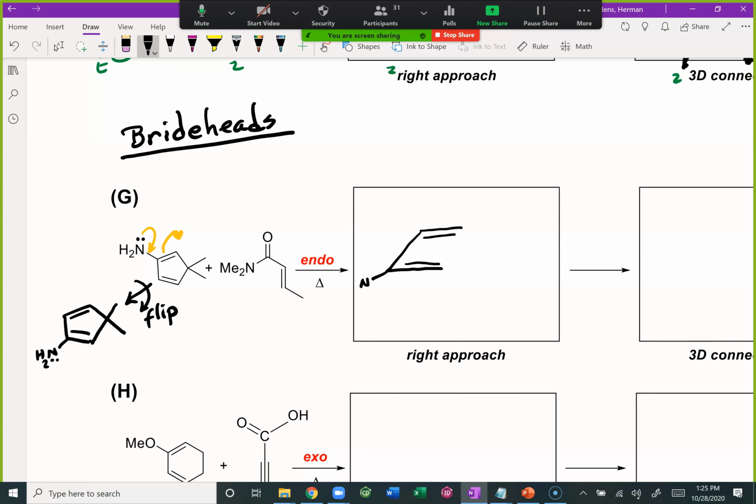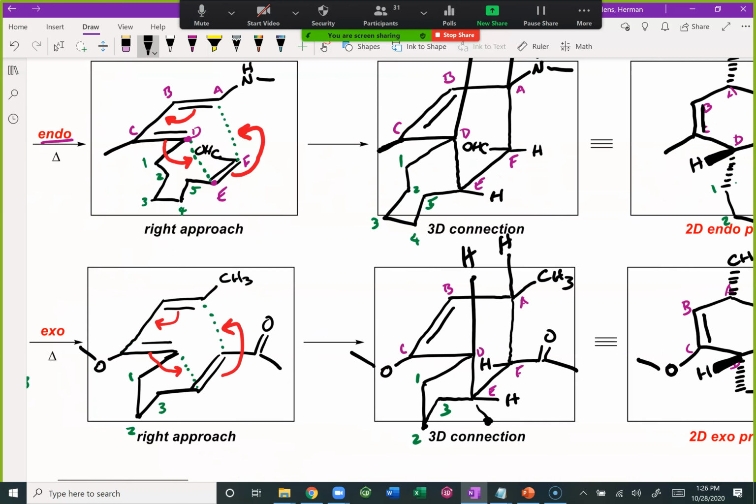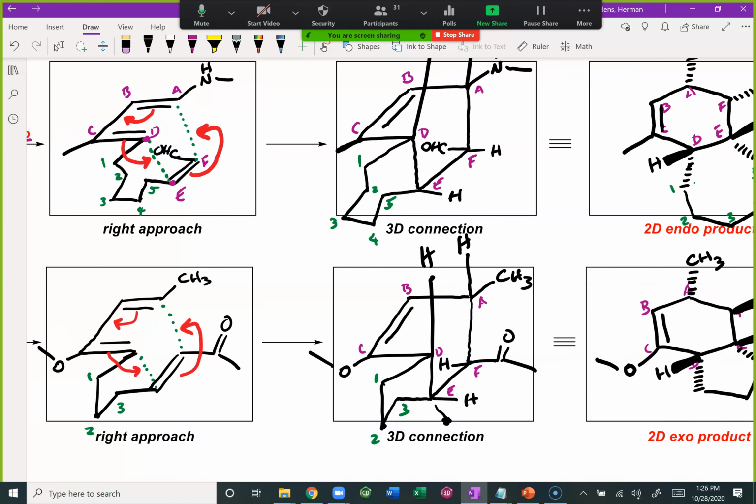On this carbon, I will have my NH2 group. Then, if I label this correctly as A, B, C, and D, my bridgehead is between A and D. So I'm going to draw it just like I drew this hydrogen up like that.